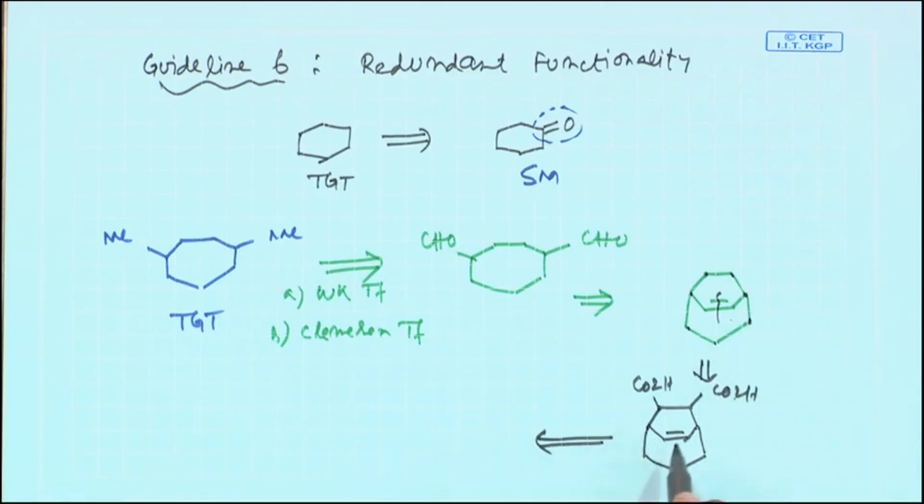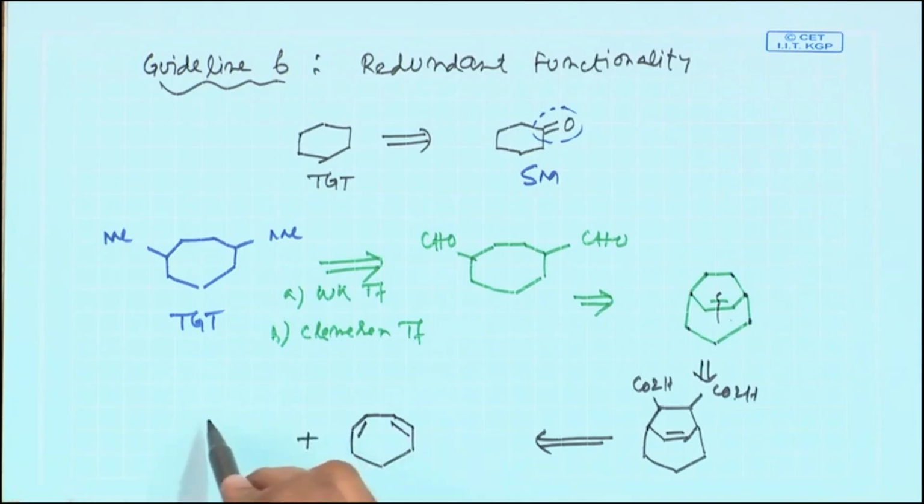Now, to formulate this one, we will be trying to give you this compound as a diene and this compound as a dienophile, which will give you this particular compound.